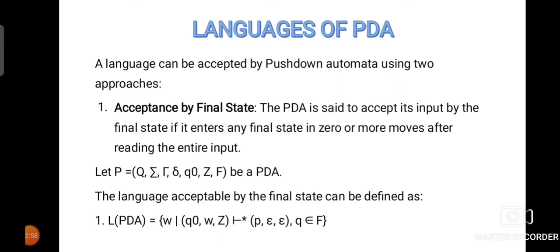If the system is able to reach the final state by consuming the particular string W, we can say W is a string of the language which can be accepted by the PDA.